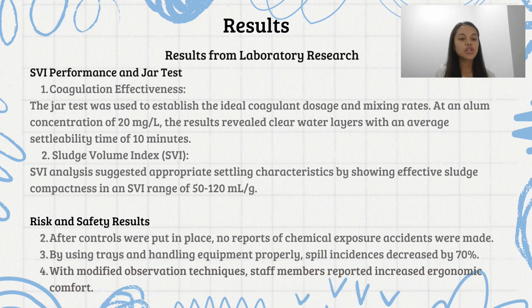Certain risks, including chronic ergonomic strain, necessitate ongoing observation and further modifications. In environmental chemistry laboratories, the use of HIRADC in coagulation and sludge settleability studies greatly improved safety and decreased the operating hazard. It is advised that HIRADC training be standardized for use in all laboratory activities and integrated into the curriculum.